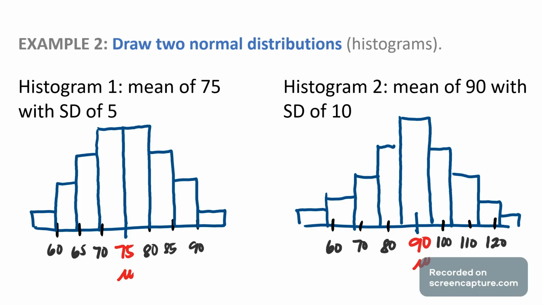So the mean is 75, and the standard deviation or sigma is 5 on the left histogram. And on the right, we have the mean of 90 at the center with a standard deviation or sigma of 10 with increments on that one. Both of these are normally distributed sets of data because they are bell curves.